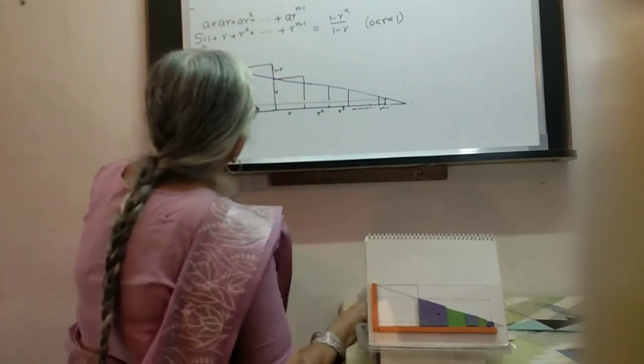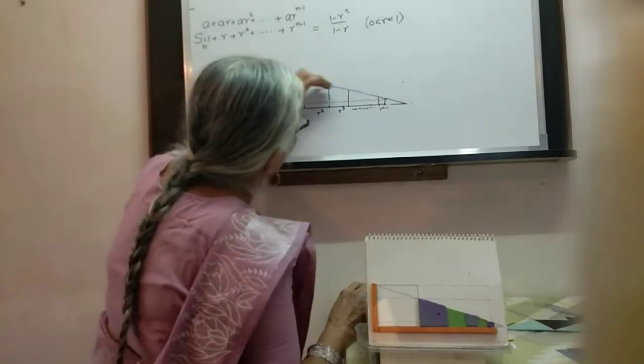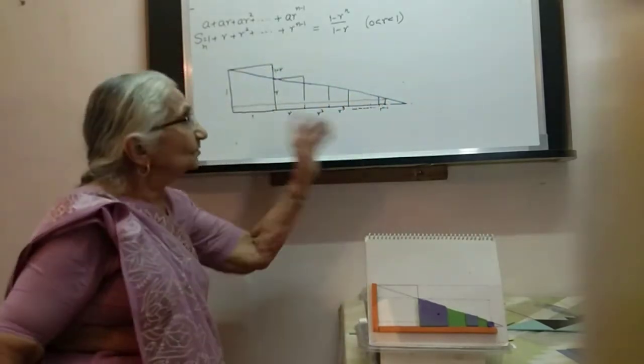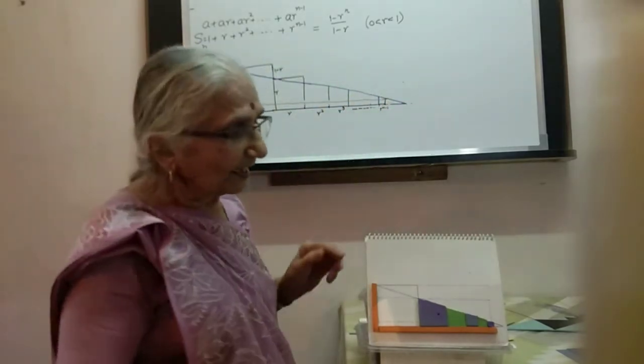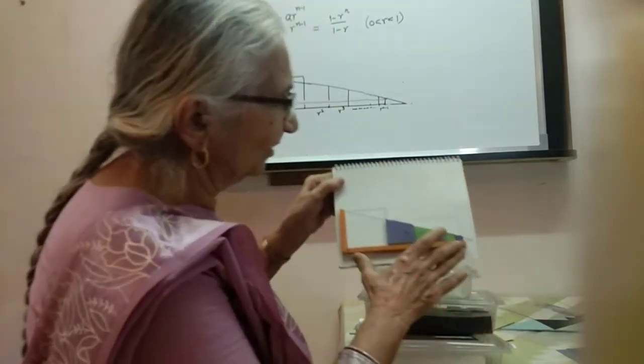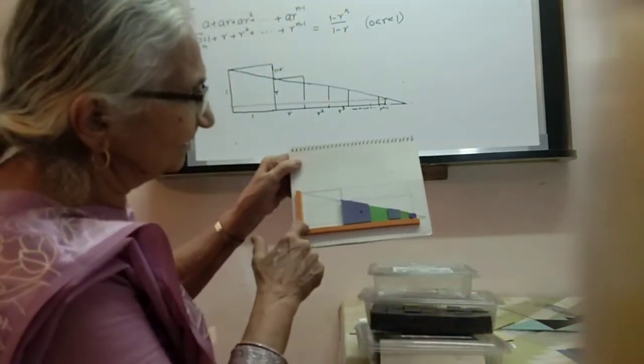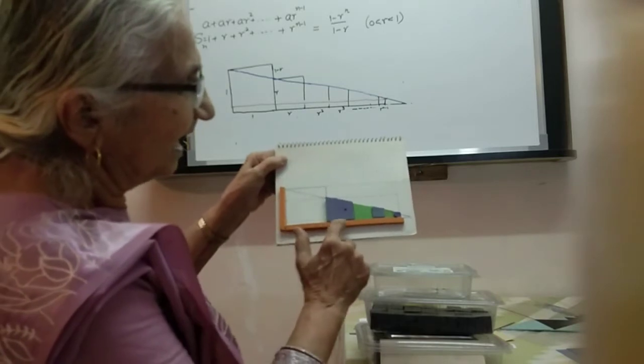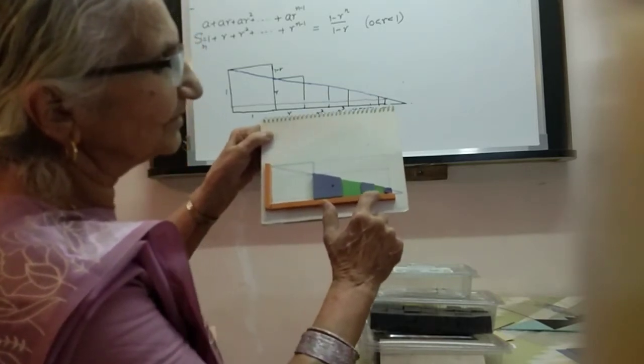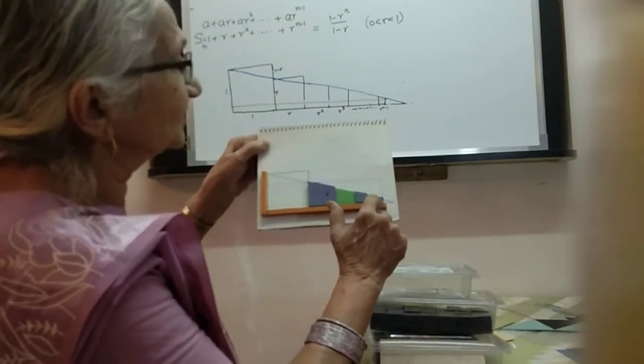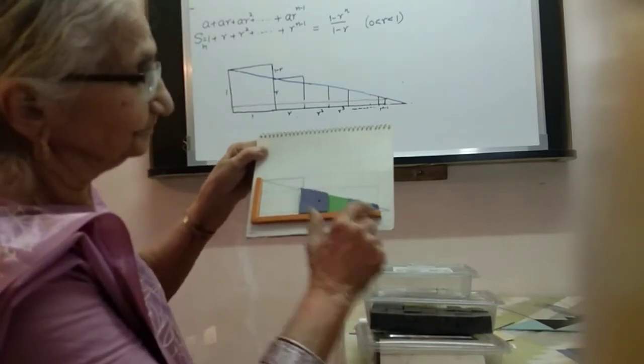Now this point and this point we have joined and formed a triangle to meet our baseline. And that is what you see here in the model. This is 1, 1, 1. r square, r cube, and so on. This will be r raised to n minus 1.